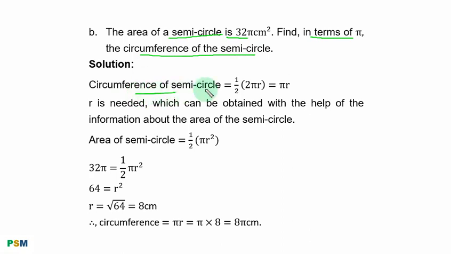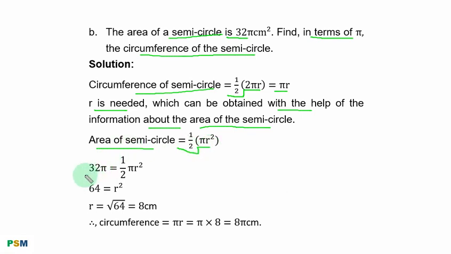Circumference of semicircle is half times circumference of a circle, 2 pi r, and you have pi r. r is needed, which can be obtained with the help of the information about the area of the semicircle. Area of semicircle is equal to half times area of a circle, pi r square.